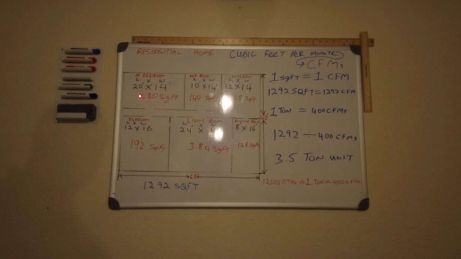So if you got a room like this, a 9,000 BTU unit will be sufficient for this master bedroom. All you got to do is match up your square foot to CFMs, or convert it to a ton or to BTUs, and you should be all right with that.